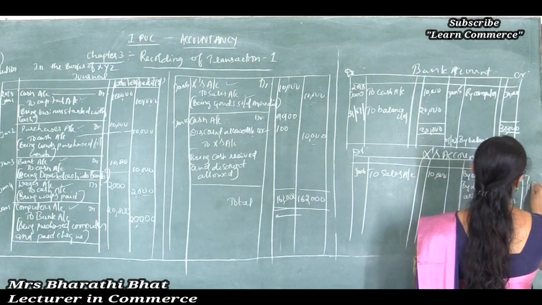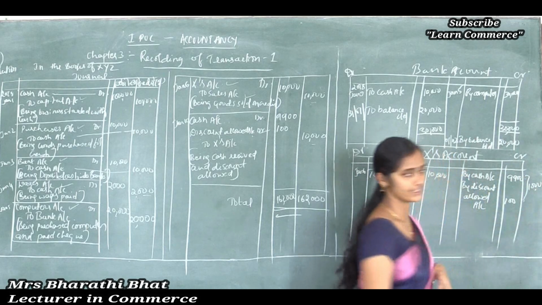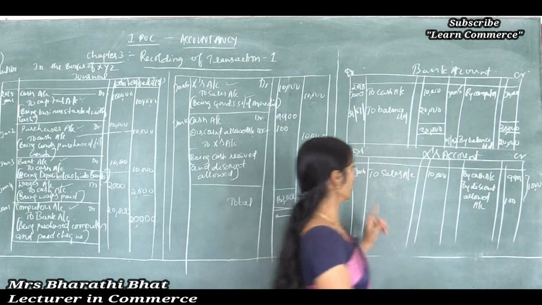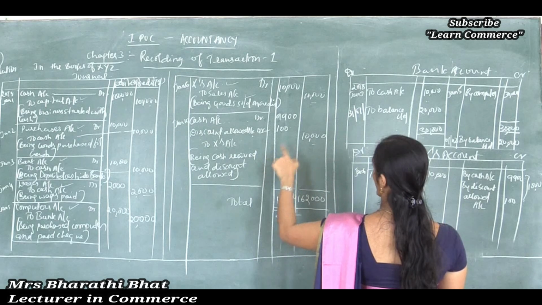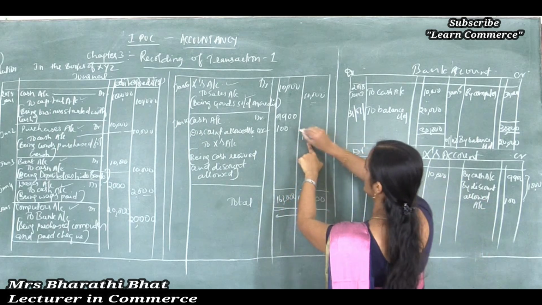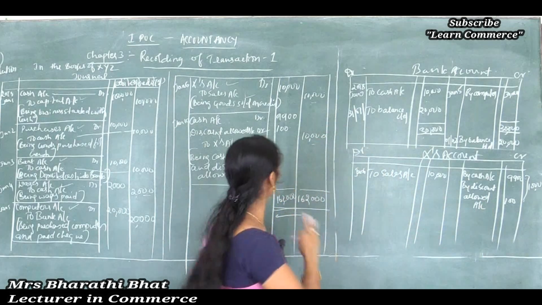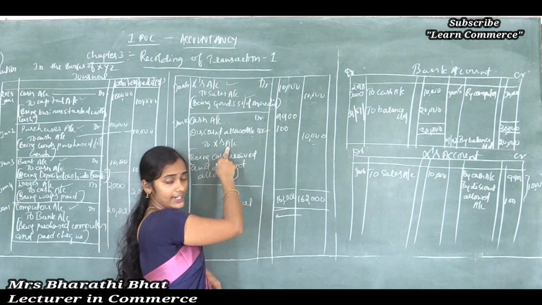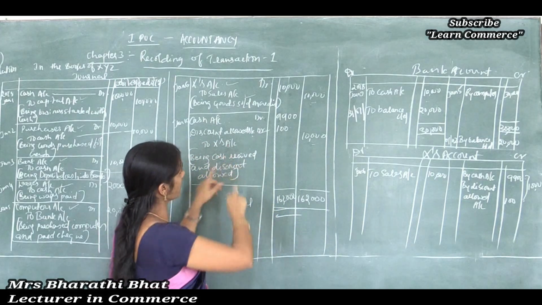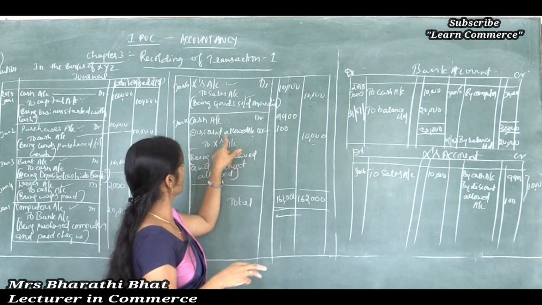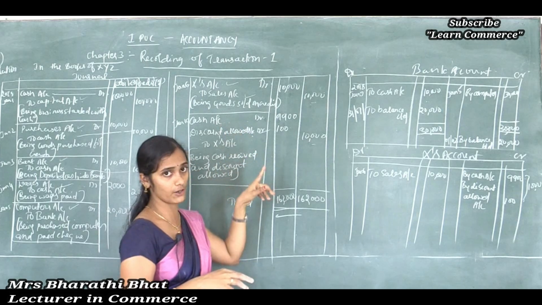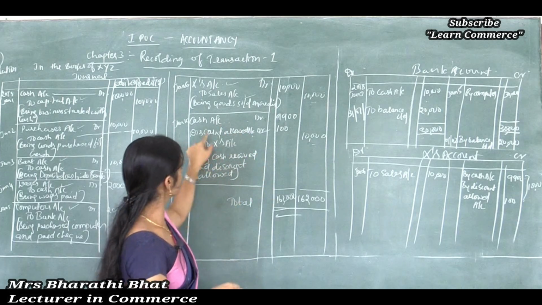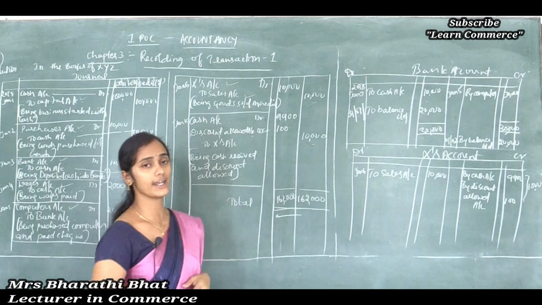Just by adding these two, we will get 10,000. Correct, right? So we cannot write 10,000 to discount allowed or to cash account, because two accounts are affected to this particular X account. So we can write these two accounts under X account.